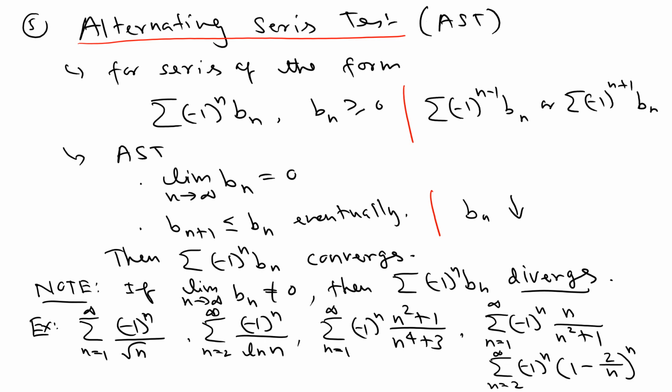Now we're going to go to the ratio test. That's another powerful test. Again, we use the alternating series test when you see problems with terms like (-1)^n times some bn. Okay, let's go to the next. Number 6, this is the ratio test.